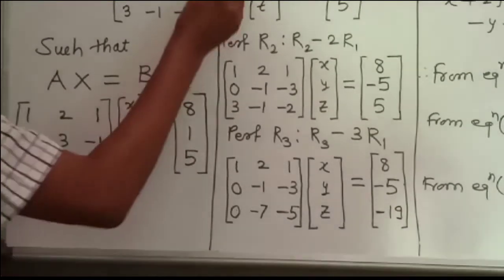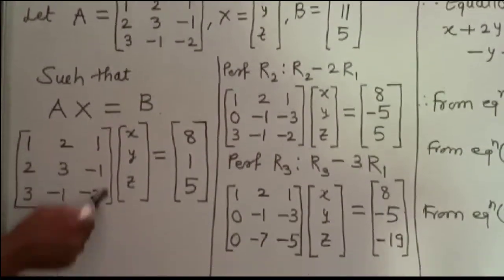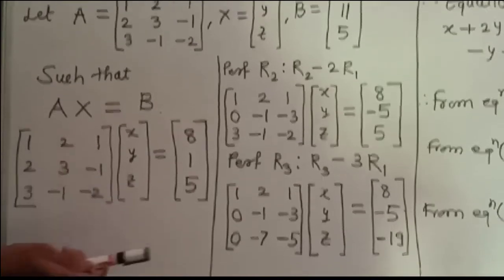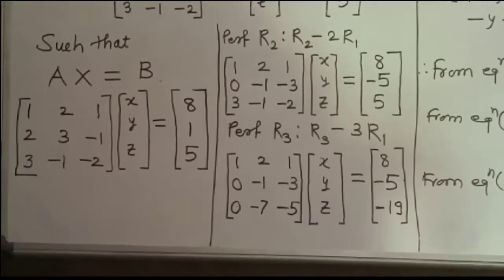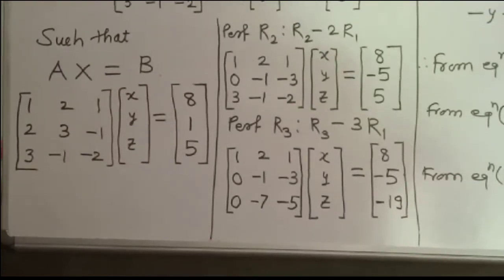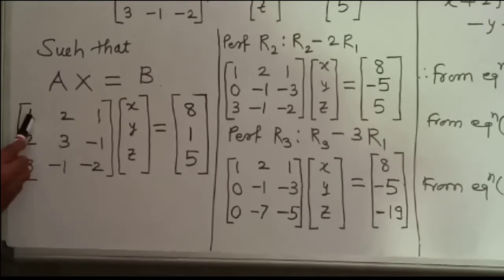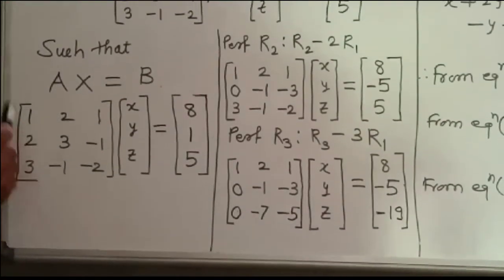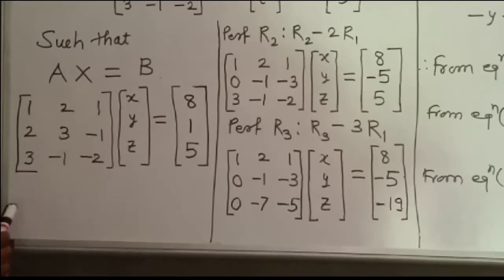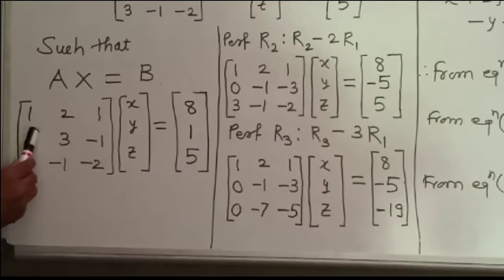Now in the reduction method we convert this matrix A into an upper triangular matrix by using transformations. We use row transformations here. In this matrix A, the first element is 1, the element below is 2, and the element below this 2 is 3. So first of all, we convert this element 2 into 0.